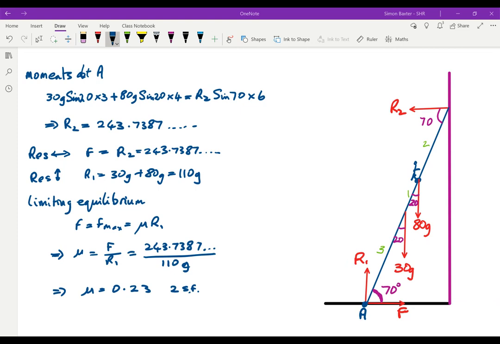Well, quite simply, the other person can just stand on the bottom rung of the ladder. If the person stands on the bottom rung of the ladder, they will, by standing there, increase the reaction at the bottom. If they increase the reaction at the bottom, they will increase the maximum friction force. They will make it much less likely that the ladder slips.